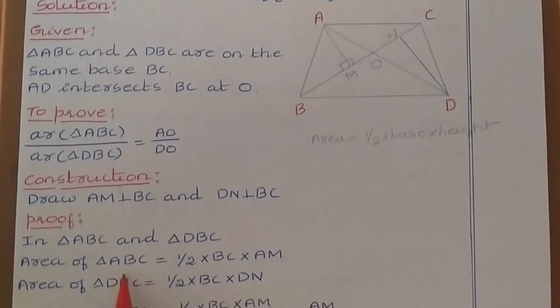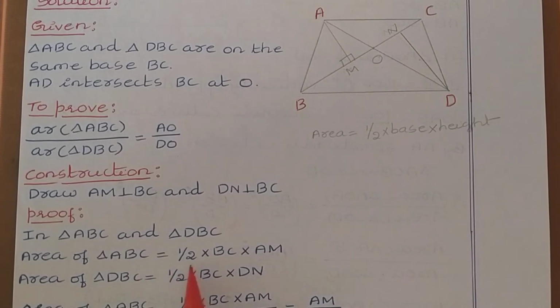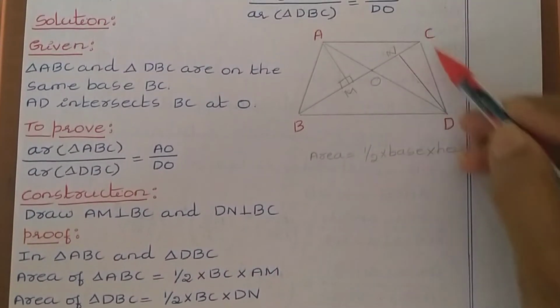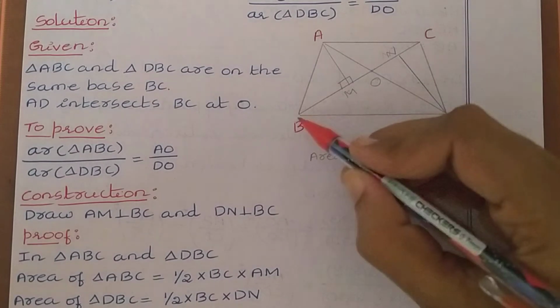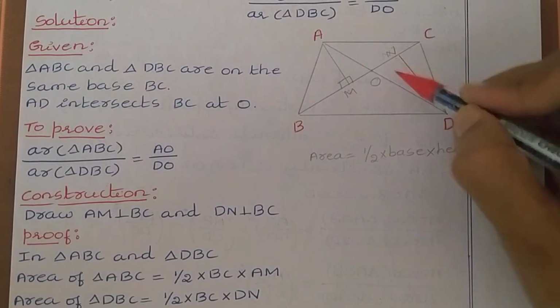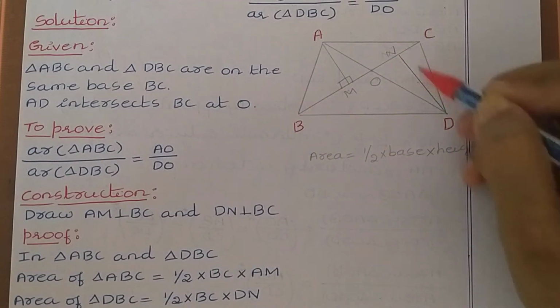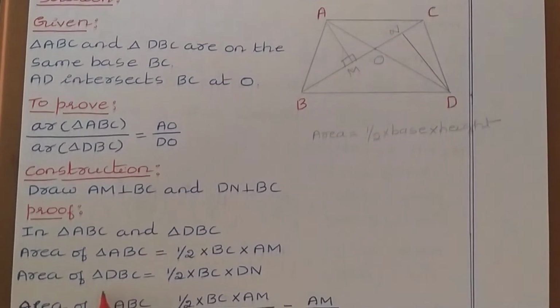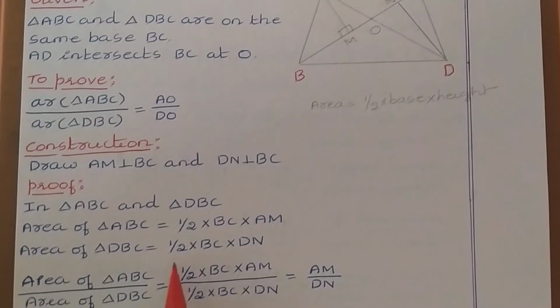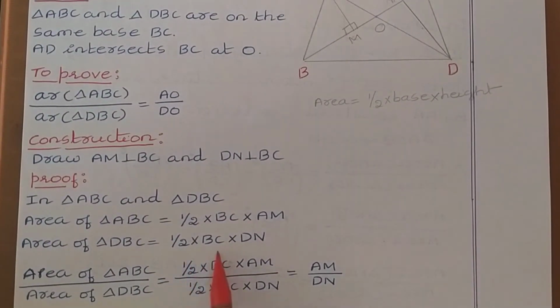So area of triangle ABC is equal to half into base into height, half into BC into AM. Similarly, area of triangle DBC, here BC is the base and height is this perpendicular, that is DN. So area of triangle DBC is equal to half into BC into DN.